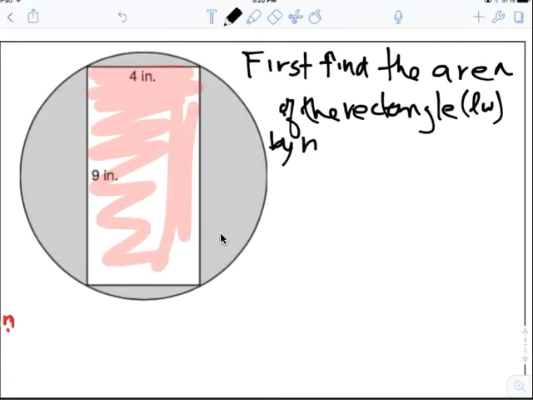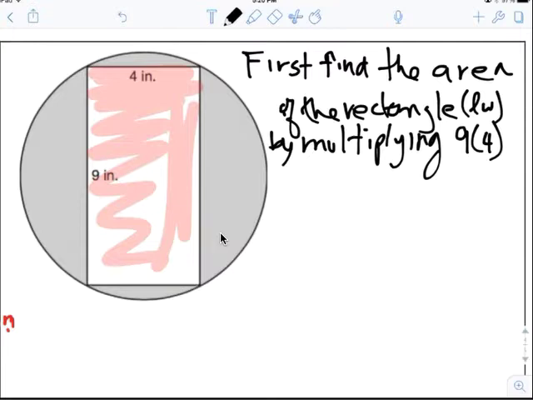By multiplying 9 times 4 to get 36 inches squared.